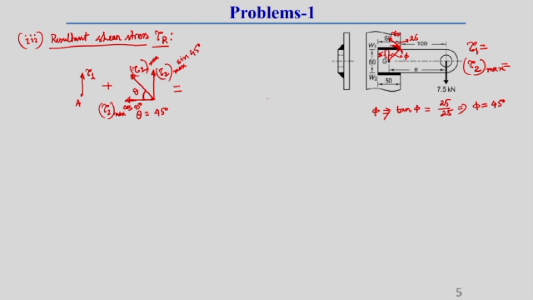At point A there will be a vertical shear stress component due to the primary shear plus tau 2 max sin 45 degree, and another horizontal component, that is tau 2 cos 45 degree, because tau 1 does not have any horizontal component.